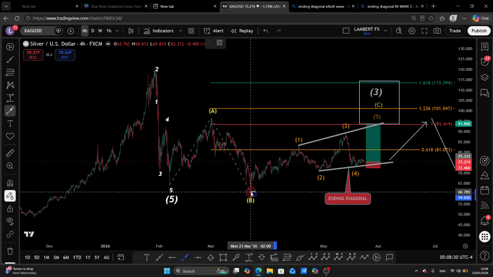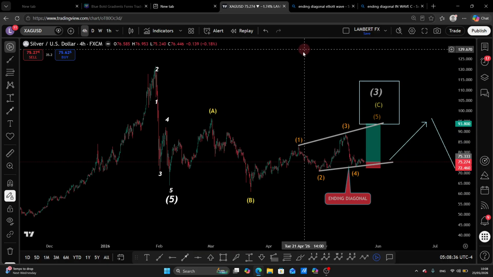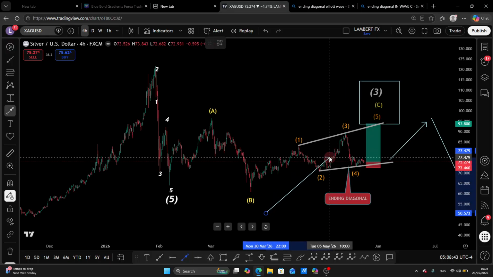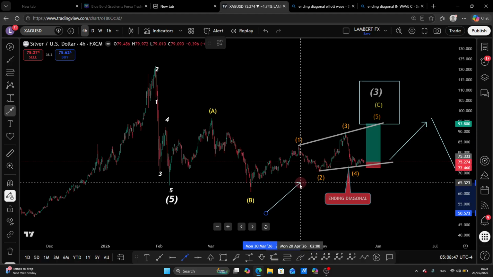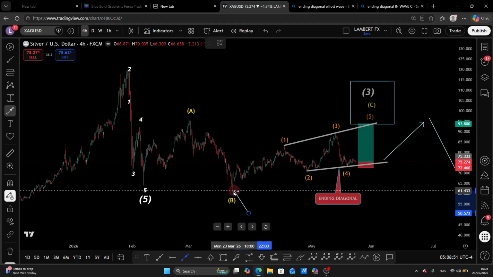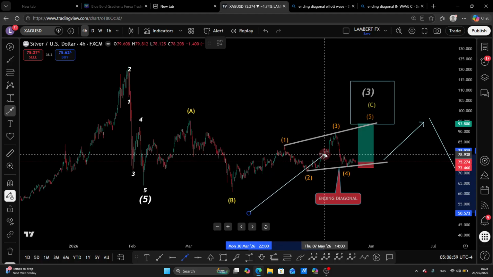So the rules are, let me get rid of these lines because there are so many lines. We've got rules for this ending diagonal. Your leg 1 must be longer than your leg 3.